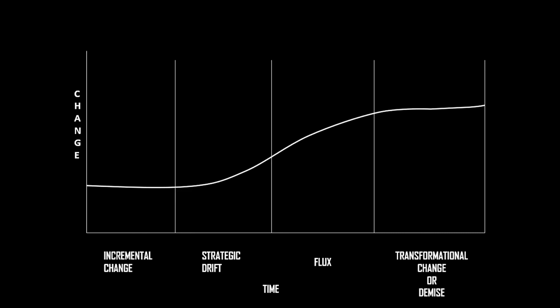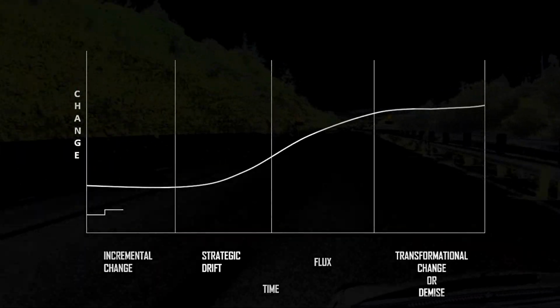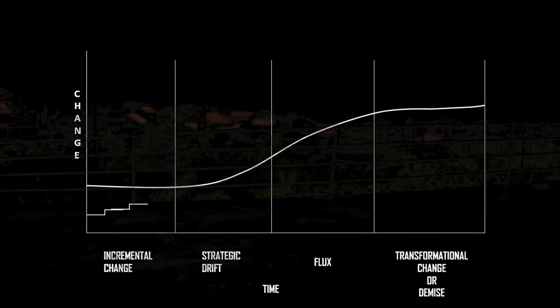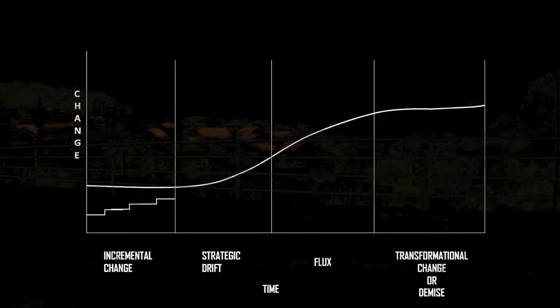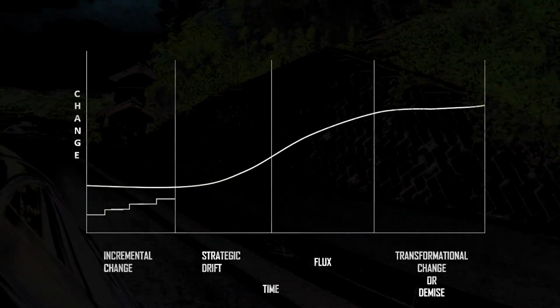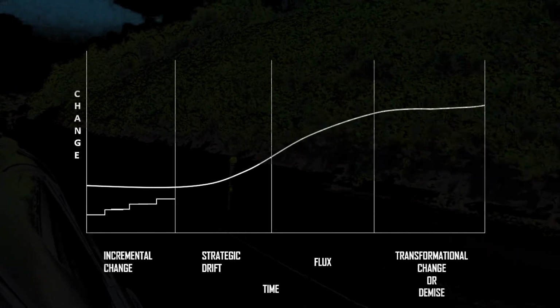The first phase is aptly named incremental change. There is not too much change. You will be okay if you just make small and incremental changes to your strategy. The market is slightly changing, but you need to stay vigilant.